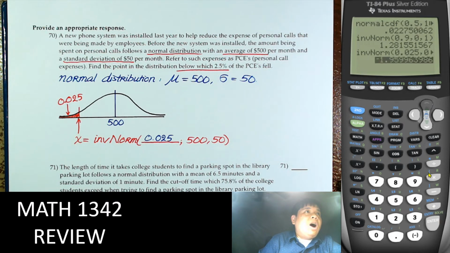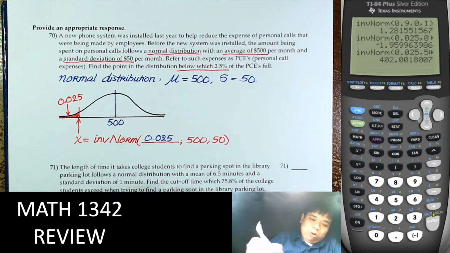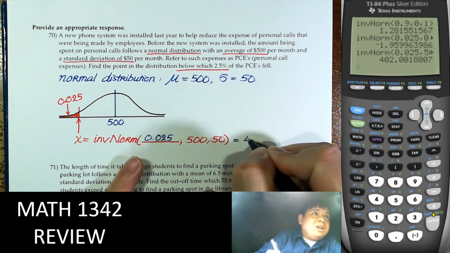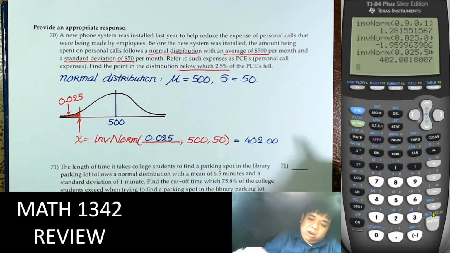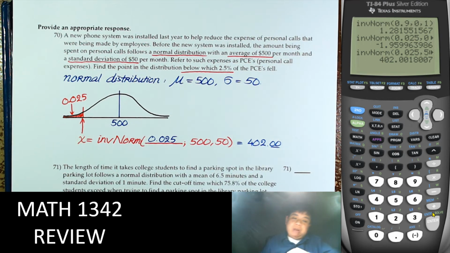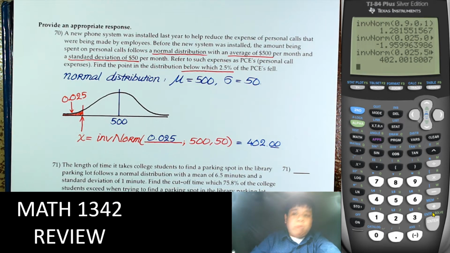Obviously that's not right because the mean is 500 and the standard deviation is 50. Sorry. Actually, 40.2. Yeah, because that's in terms of money, so we have 2 decimal places. Right, that's what we have.